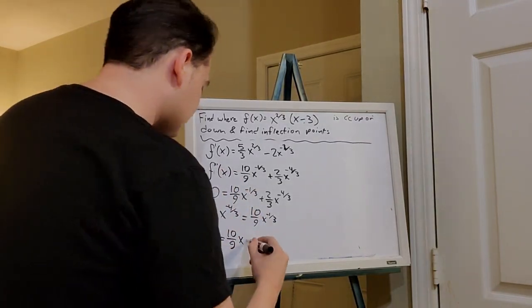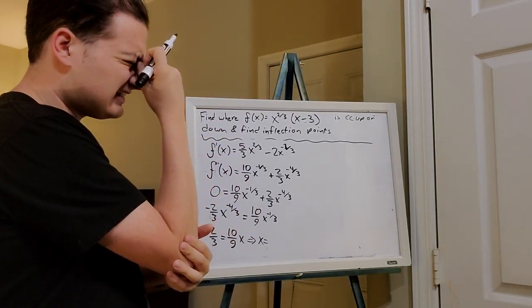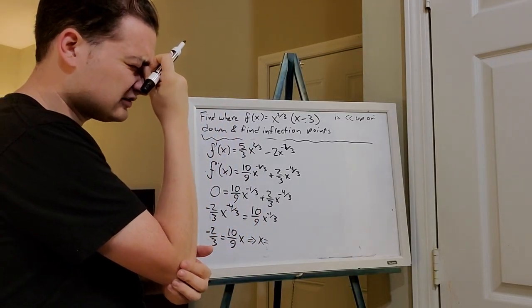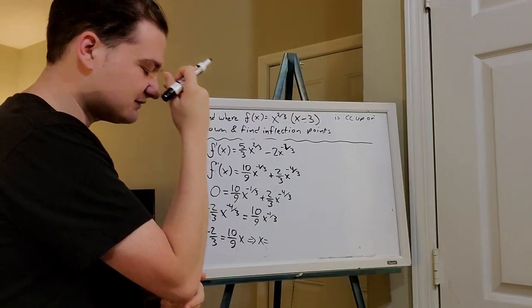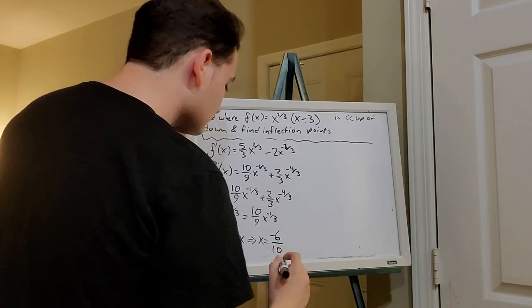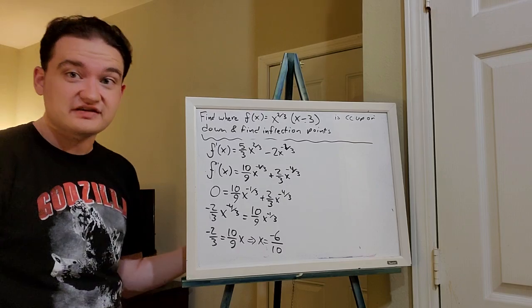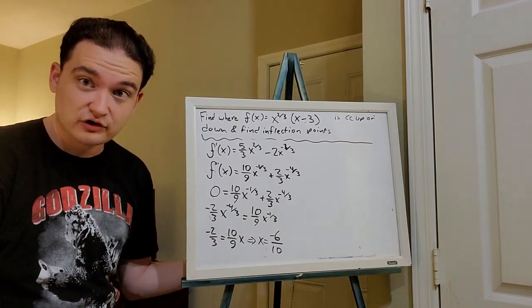And then we solve for x. X equals negative 2/3 of 9/10, which is negative 6/10. So when x equals negative 6/10, the second derivative equals 0.